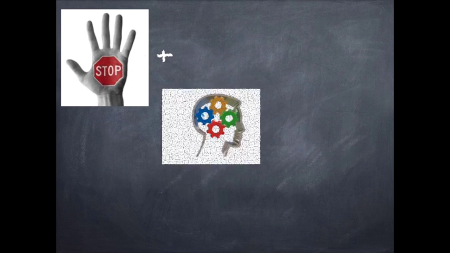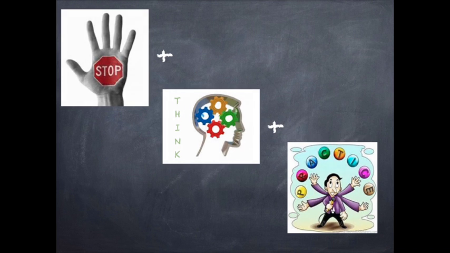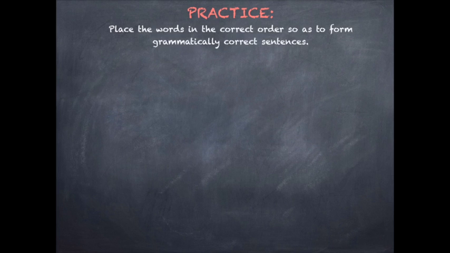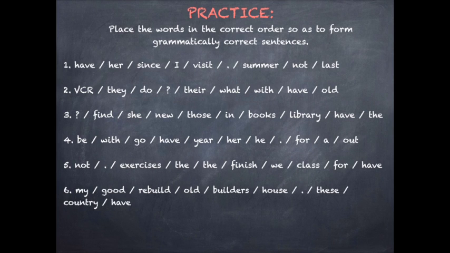Well now, after reviewing the structure of this verb, it's time to stop for a second and put all the information in order by doing some practice on this structure. In this practice, I will give you 6 disordered sentences. You have to place the words in the correct order to form grammatically correct sentences.